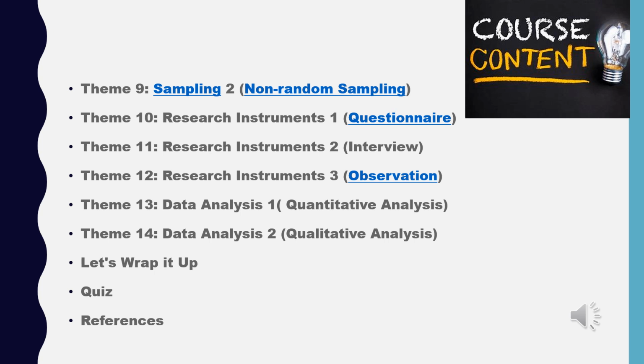At the end, we have a Let's Wrap It Up section whereby tests and different types of activities, samples, and quizzes will be provided before finalizing the module with a list of references and additional readings.